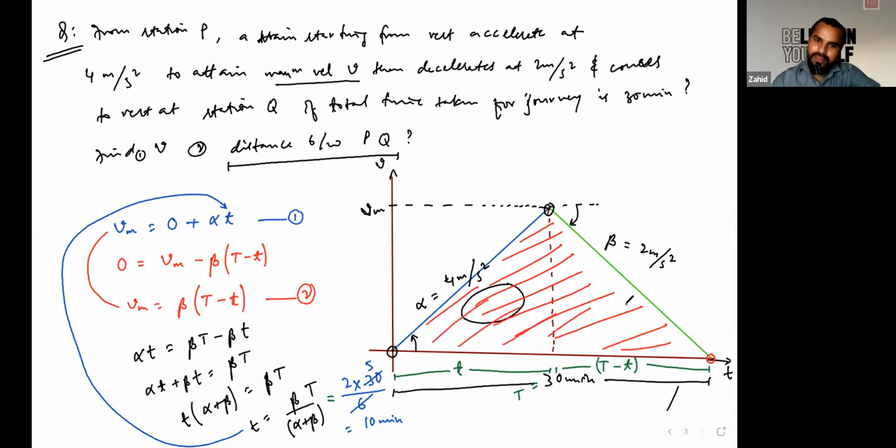For this entire region, we have base as capital T and we have perpendicular as V max. So area under this graph will be just the area of the triangle. Okay, Khalid?